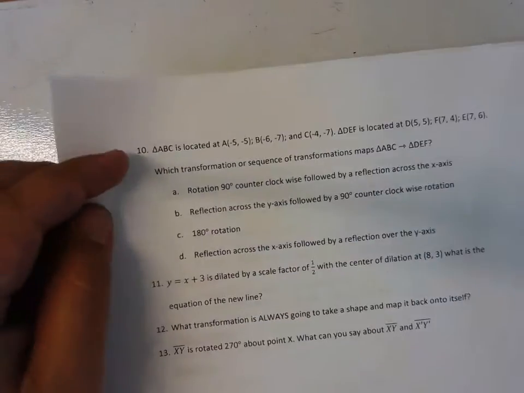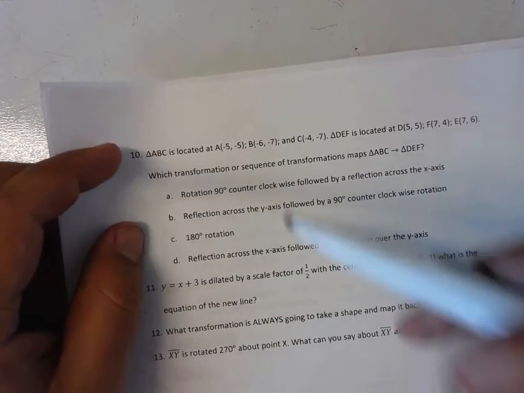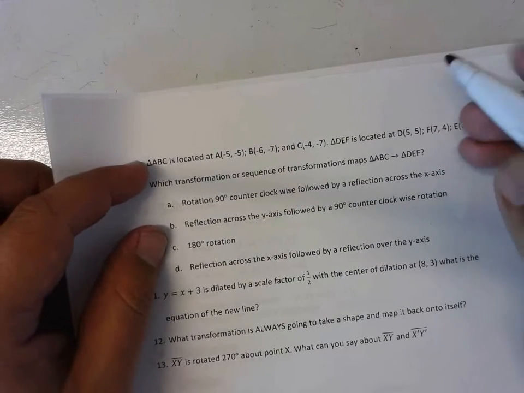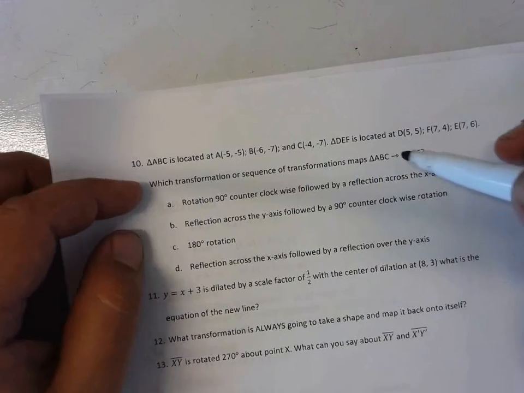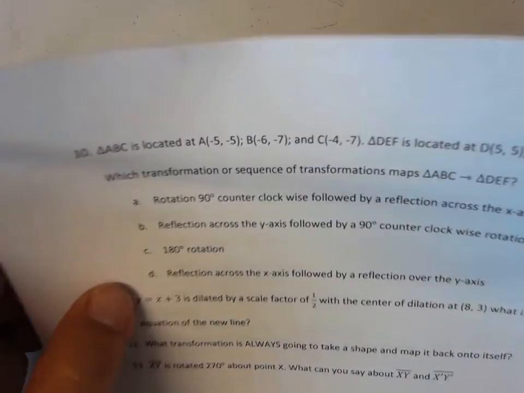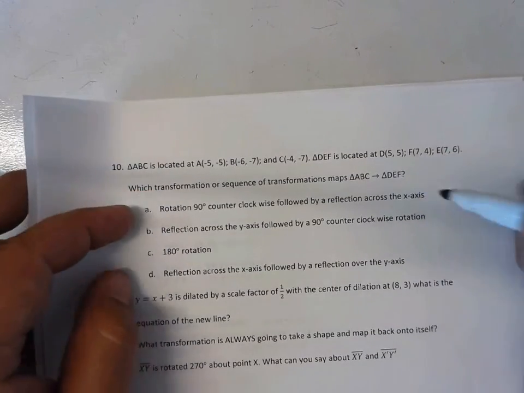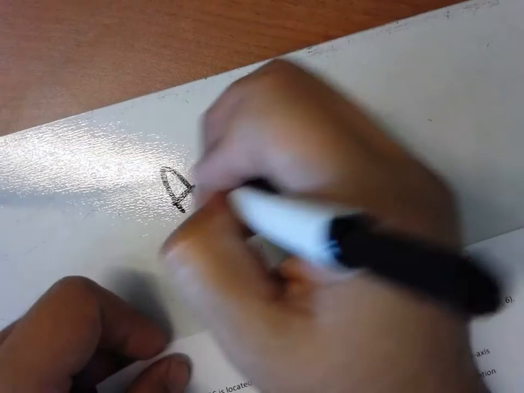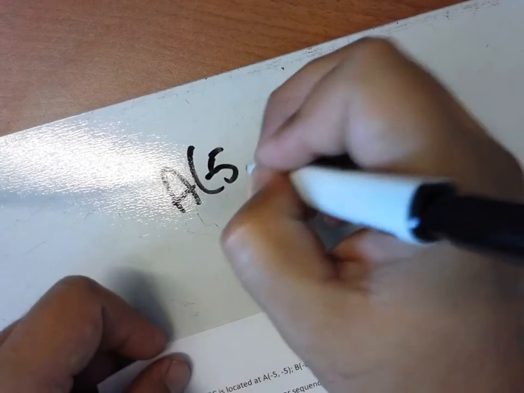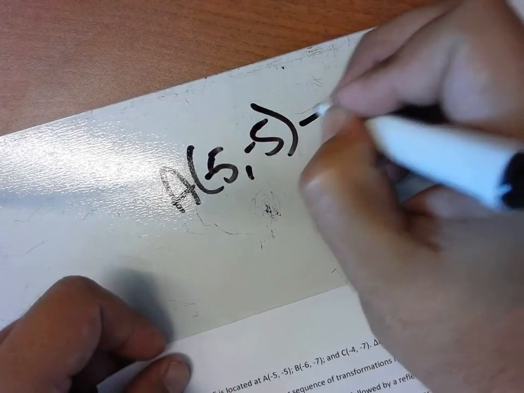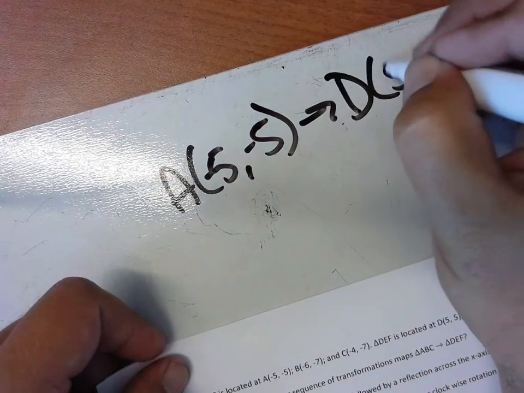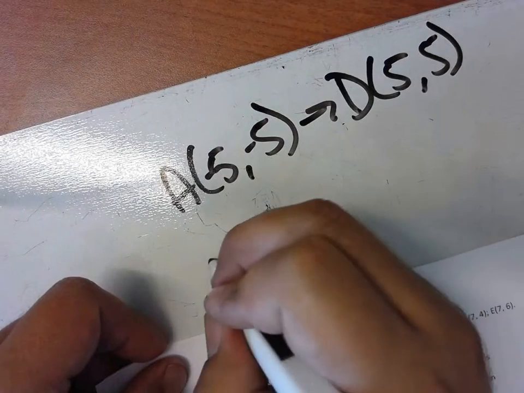Number 10. You have triangles. Triangle ABC and DEF. What transformations or sequence maps A, B, C to D, E, F? So you have to map A to D, B to E, and C to F. Again, if you look at this, A, -5, -5 has to go to D, 5, 5.